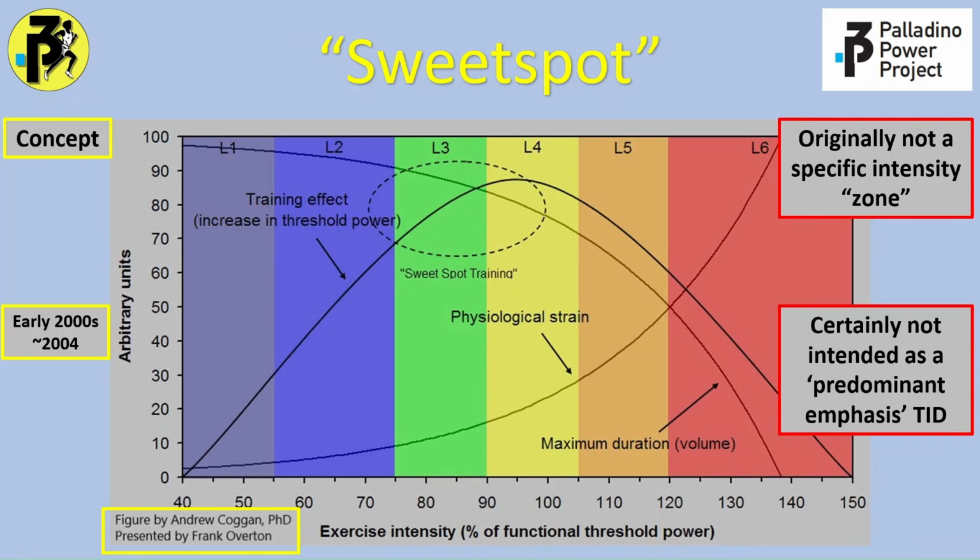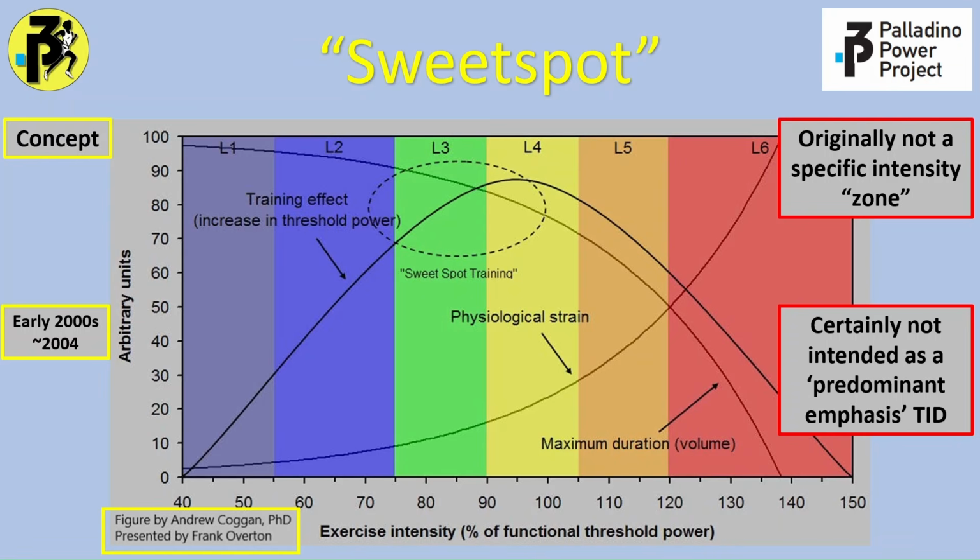Just isn't. So shame on them for actually looking at it. So yeah, look at polarized versus pyramidal, sure, but threshold all in, no, not really. So let's come back to originally not specified as an intensity zone.